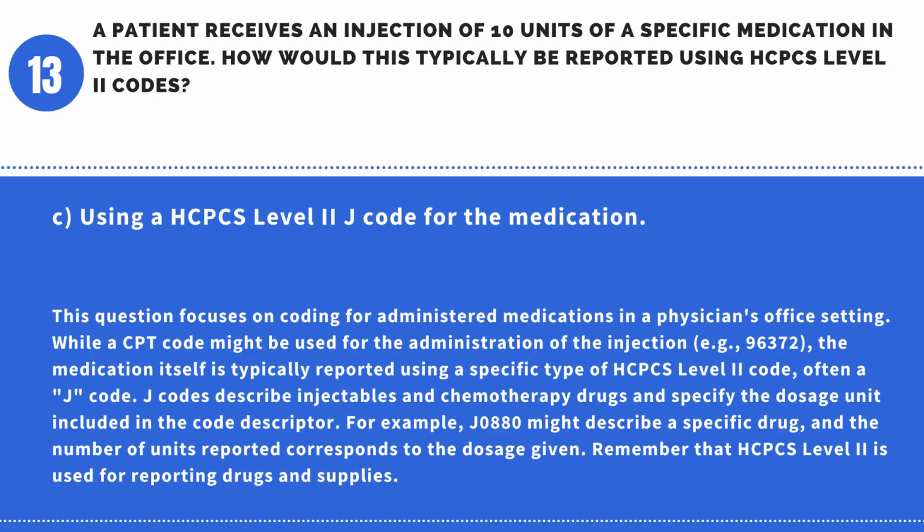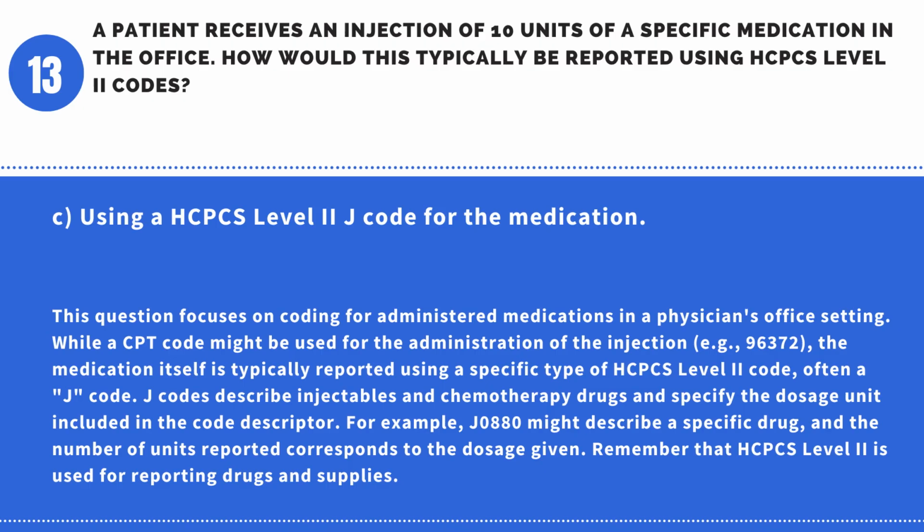Answer: C. Using a HCPCS Level II J code for the medication. This question focuses on coding for administered medications in a physician's office setting. While a CPT code might be used for the administration of the injection, e.g., 96372, the medication itself is typically reported using a specific type of HCPCS Level II code, often a J code.